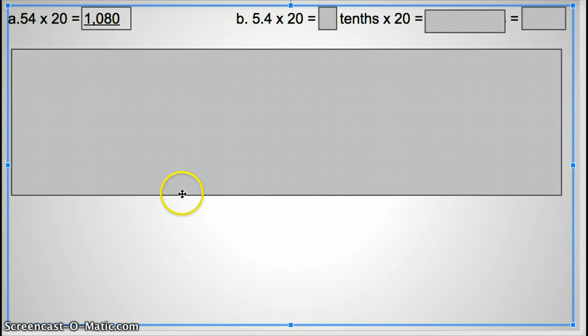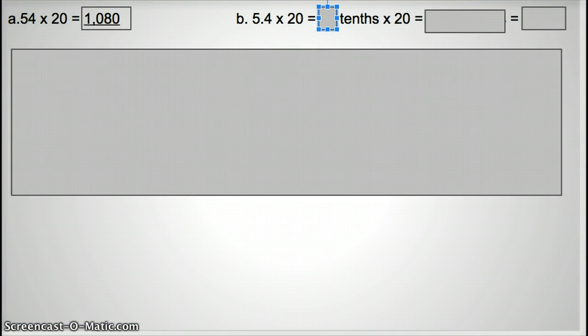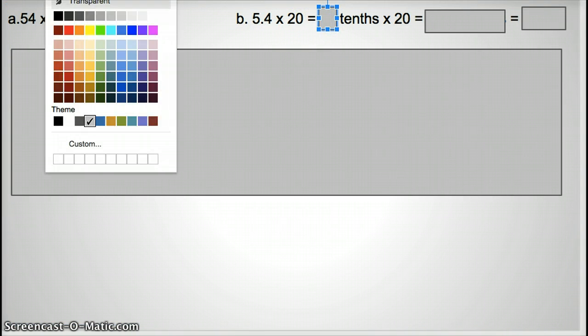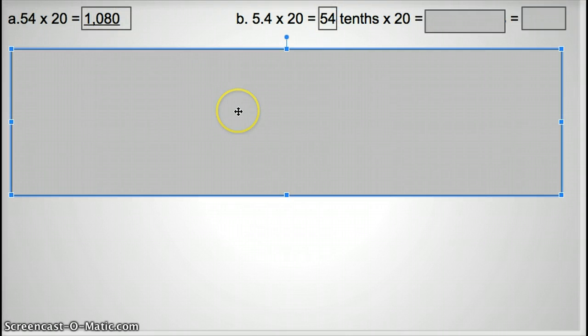I'm really going to focus on being able to explain this bottom part. So this second part is 5.4 times 20, and 5.4 is actually 54 tenths times 20. Well, if 54 times 20 is 1080, this is going to be the same answer, but it's only going to be in tenths.